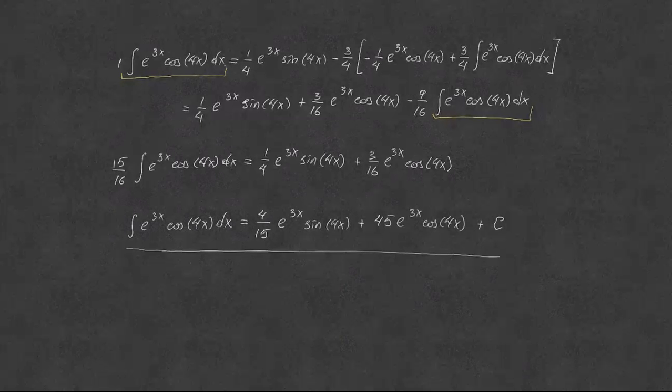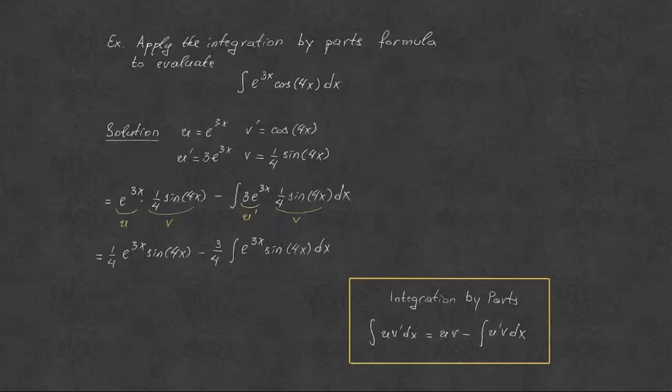Now, let's summarize what we did here. We started with applying the integration by parts to the first integral, and we got an expression that has two terms. One of them is an expression, and the second one is an integral, which is similar to what we had originally.